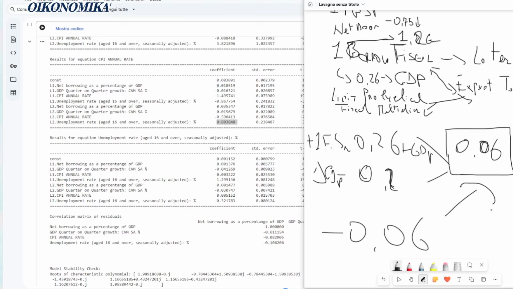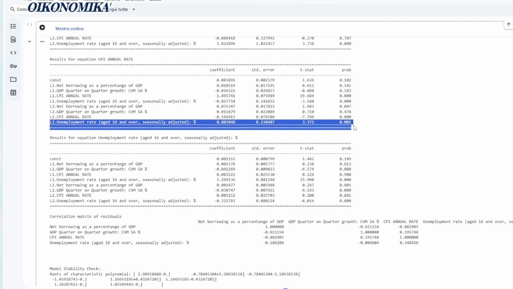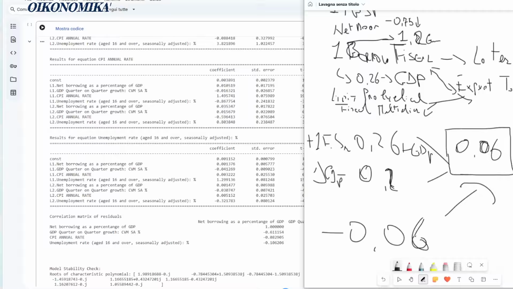The net effect is 0.6. But the net effect between higher unemployment of 1 unit six months before, inflation goes up by 0.80, and the following month unemployment is still going up, then you have a cooling in demand, so prices adjust down. This is how the economy is dynamic. Price adjustments are dynamic. So the net effect of lowering inflation is very minimal, 0.06.